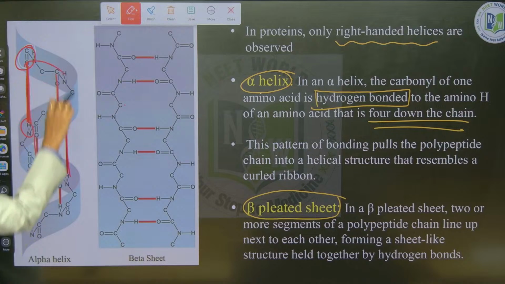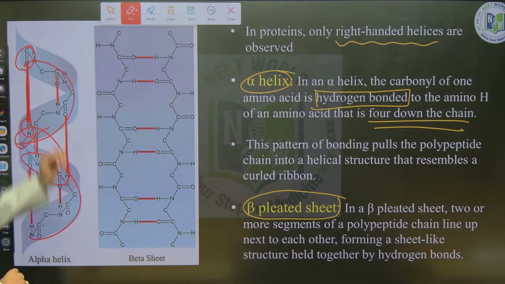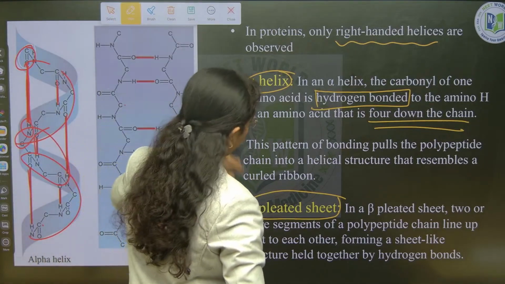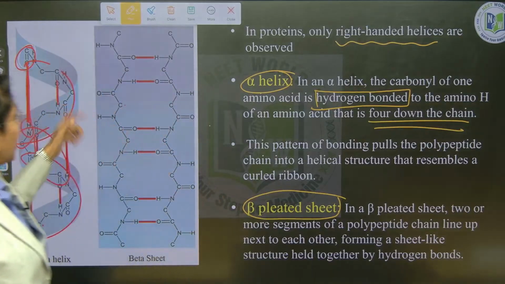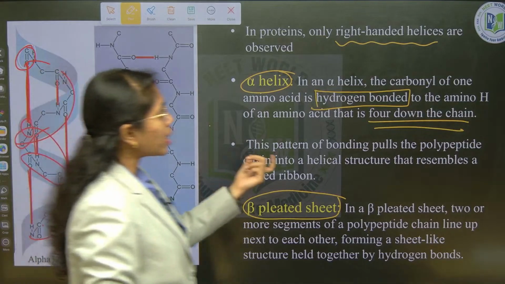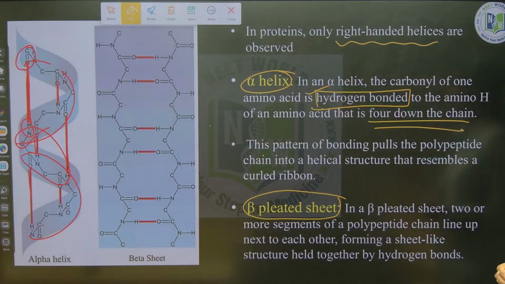As such, it is forming a helical structure like this. Because the carbonyl group and amino group are connected 4 down the chain. This pattern of bonding pulls the polypeptide chain into a helical structure, or a helical strand like this. Here what bond is present? Hydrogen bond.